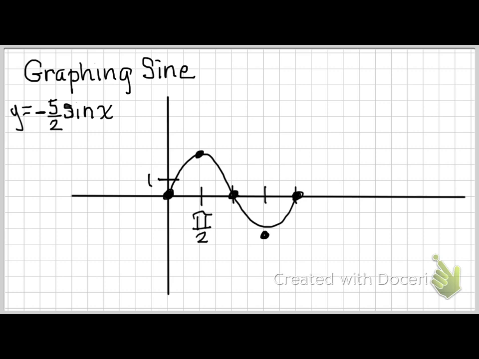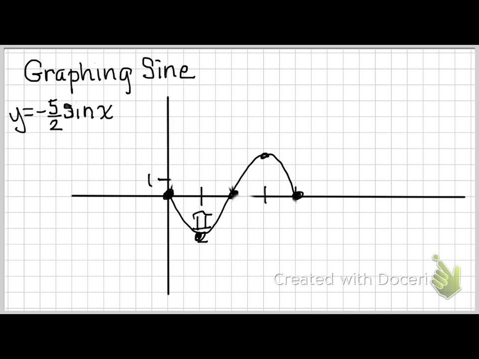So really this graph would just flip upside down. That's what the negative would do. So I would take these points here, and I would just switch them to the other side of the graph. So that'd be negative 2.5 here, and positive 2.5 here. And then the graph would look like that. So not too big of a deal.